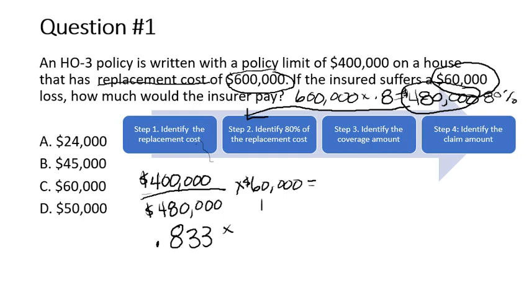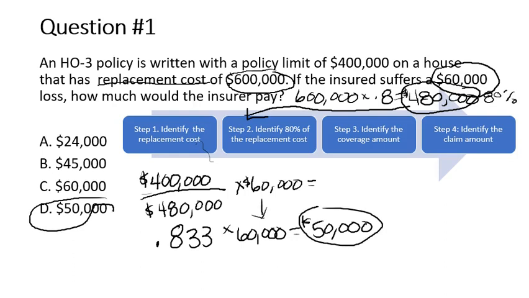Then we multiply that by the claim, $60,000, and that equals $50,000. So $50,000 is the answer.